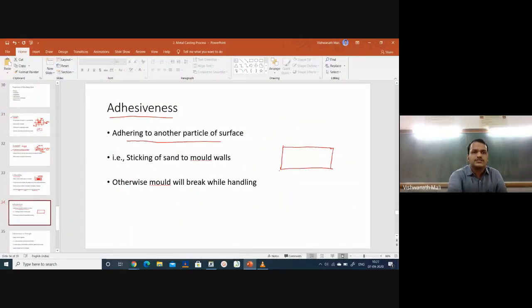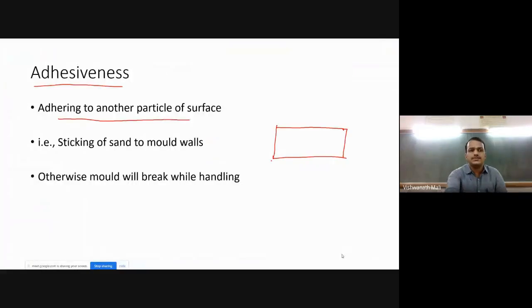Now the next property is adhesiveness. Adhesiveness is the capability to adhere to other surfaces. And why do we require this property? We first prepare the drag.